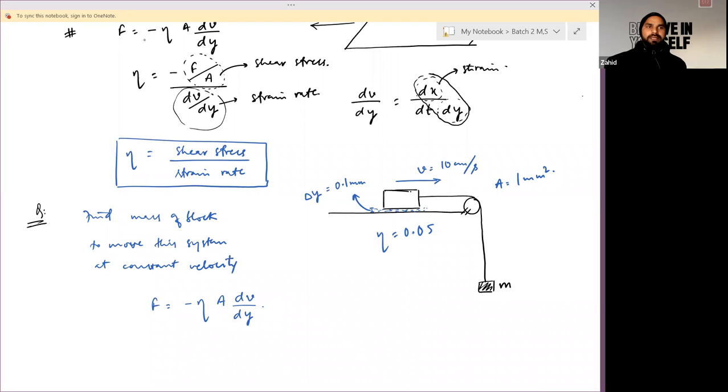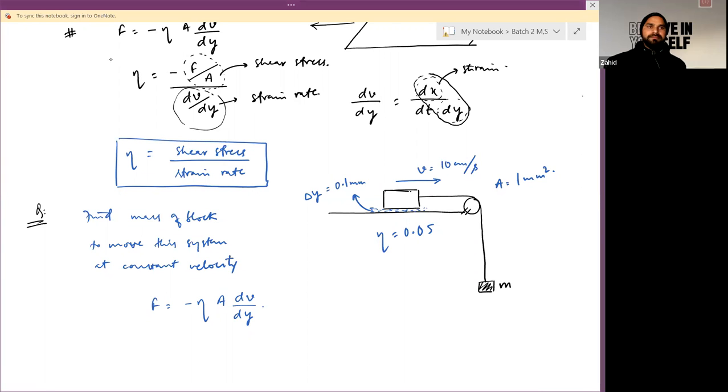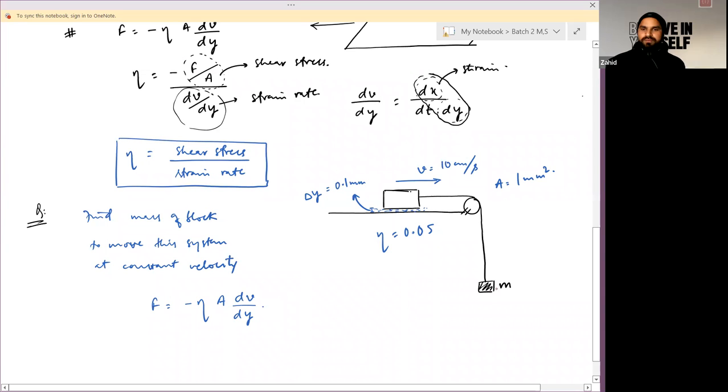Let me give you some hint on how you'll approach this problem. Suppose we have a block which must be acted on by gravity in the downward direction. So there will be a force mg, which will be responsible for keeping this block moving with constant velocity. So this force will be equivalent to the amount of viscous force experienced by this layer of liquid. So put this F as mg.